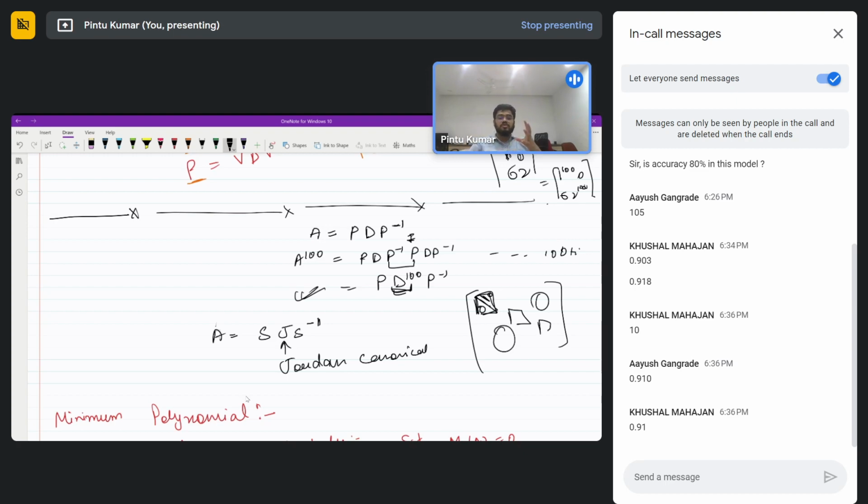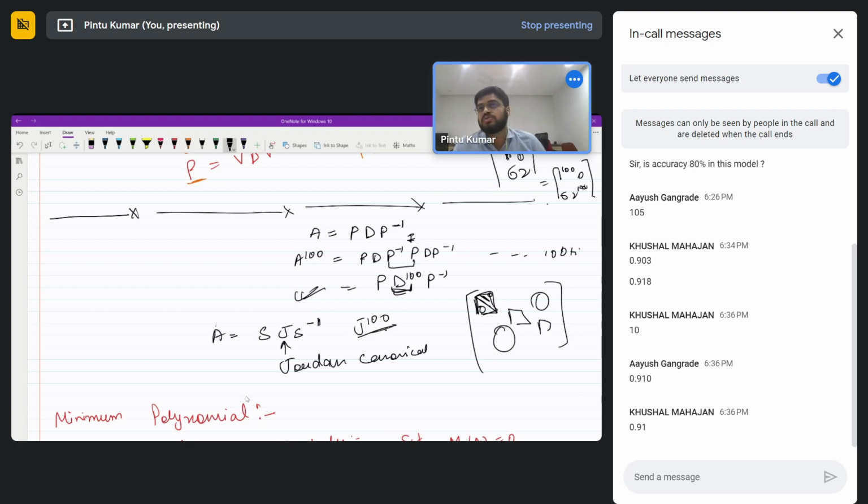Okay, so there is a lot of theory. If somebody is interested, they can study numerical linear algebra or an advanced level course in linear algebra, where you can find ways to easily calculate J to some high power.